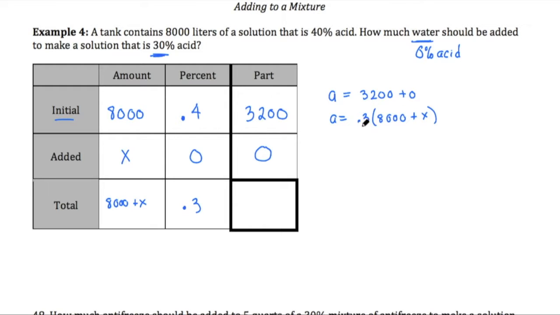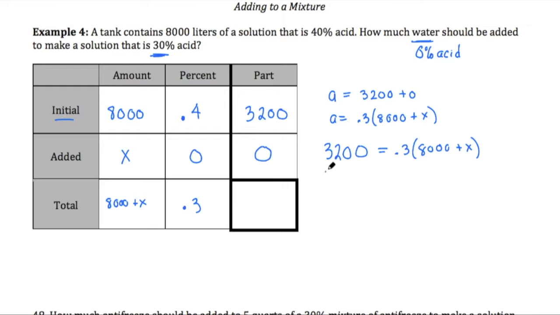It's also equal to 0.3 times the total volume. Since we have two equations equal to the same thing, if we substitute, they are equal to each other. And this might be the place that most of you would go immediately: 3,200 equals 0.3 times 8,000 plus x. It doesn't look like a system of equations anymore because we've already made the substitution step, but it's an equation with one variable and we can solve it.